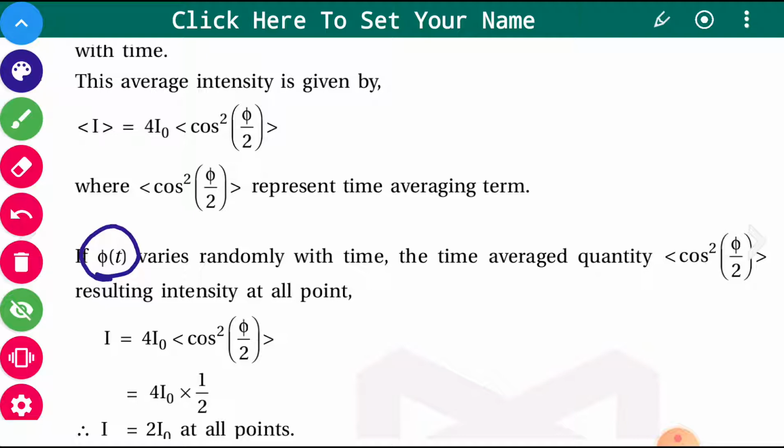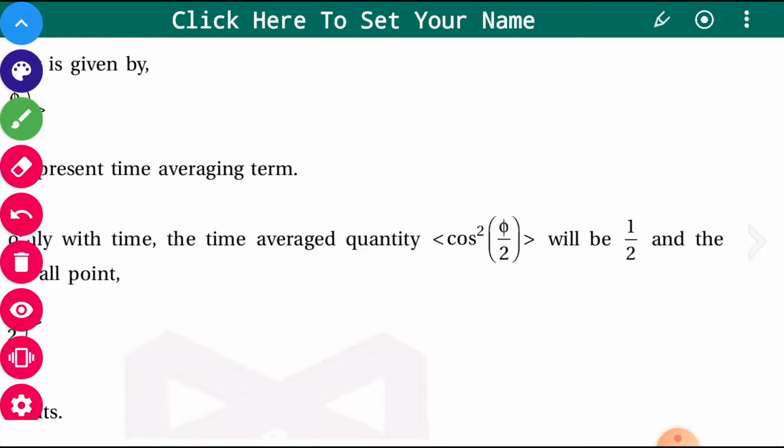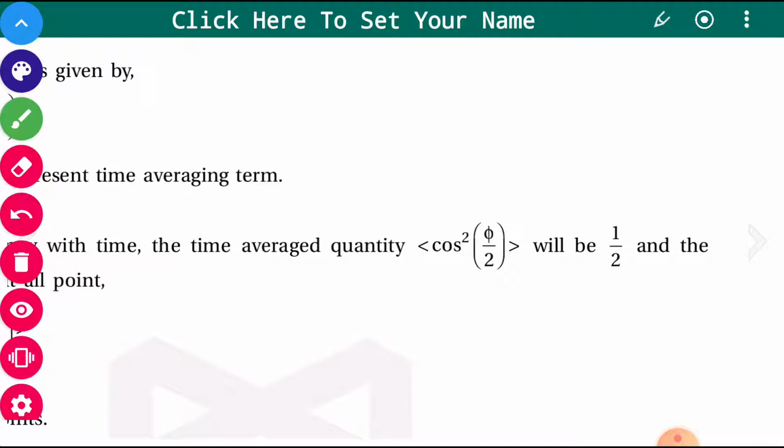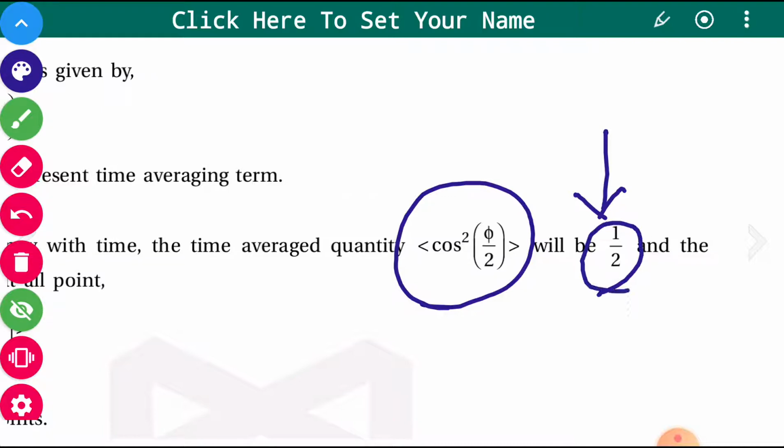The time average quantity cos square phi by 2 will be 1 by 2. The average of this cos square phi by 2 will be equal to 1 by 2, as you know that if you take the average of cos square theta over an entire period, then that average will be 1 by 2.